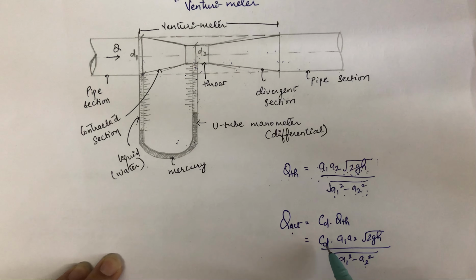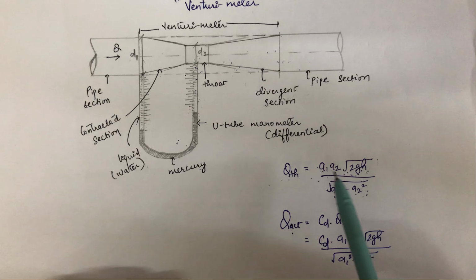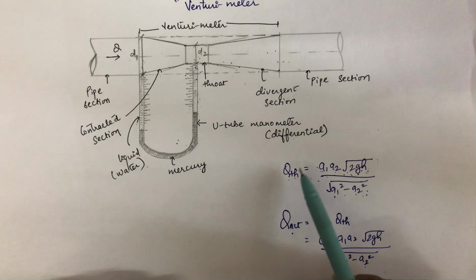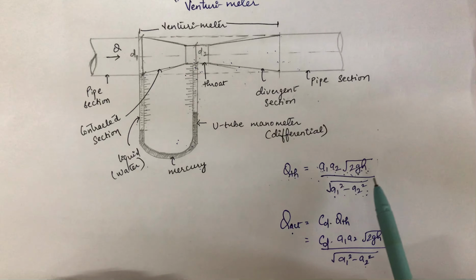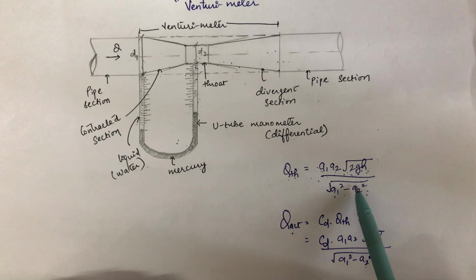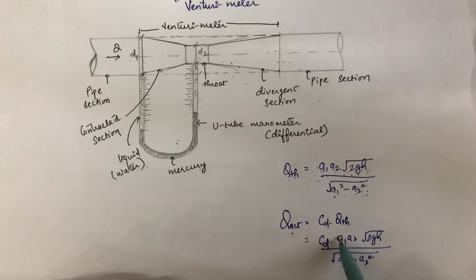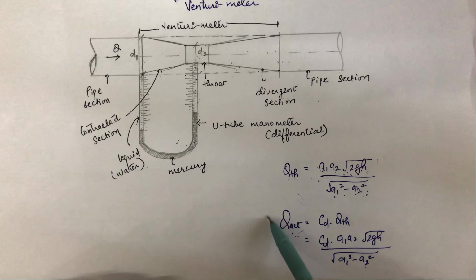When we want to calculate the actual discharge, we need to multiply by the coefficient of discharge, because when we are calculating theoretical discharge, the fluid is considered ideal. In ideal conditions, the head loss will not be there. But when we want to measure the actual discharge in the field, the fluid used will be a real fluid.